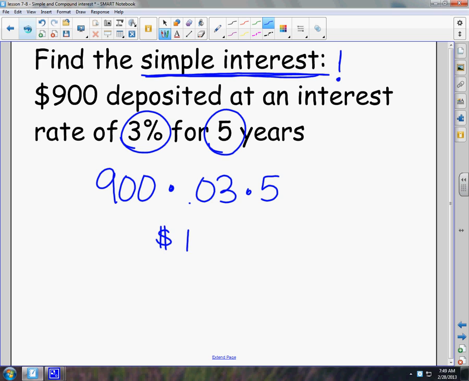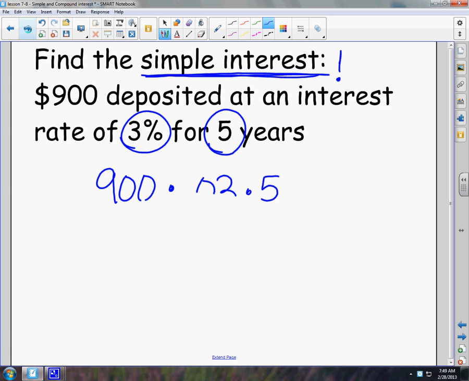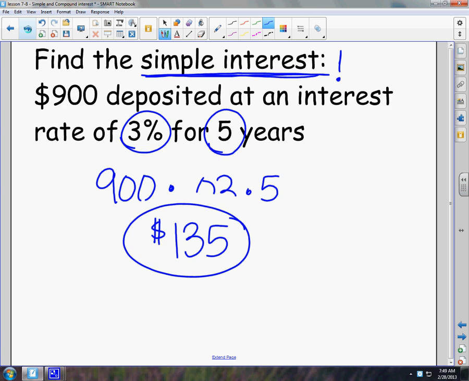So I get $13.50. I'm making sure I did this right. No. Okay. I knew I did something wrong. So 900 times 0.03 times 5 years is $135. So you get $135 for your interest.